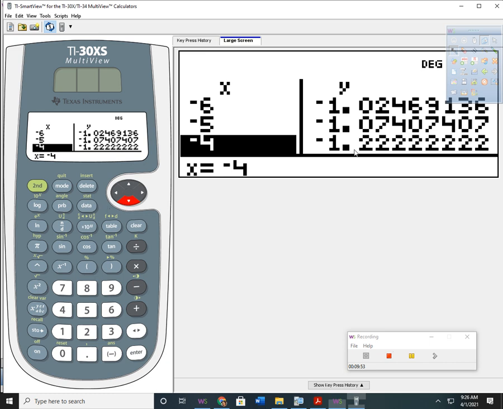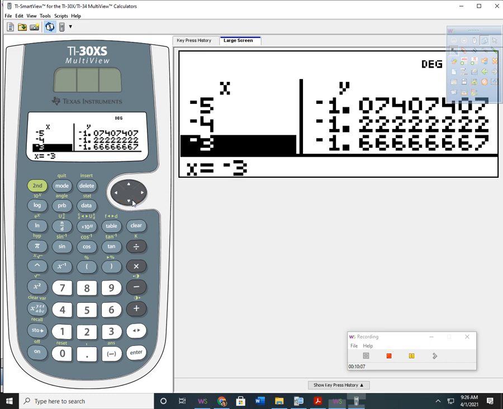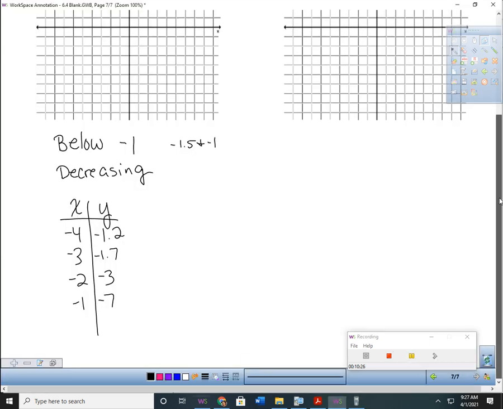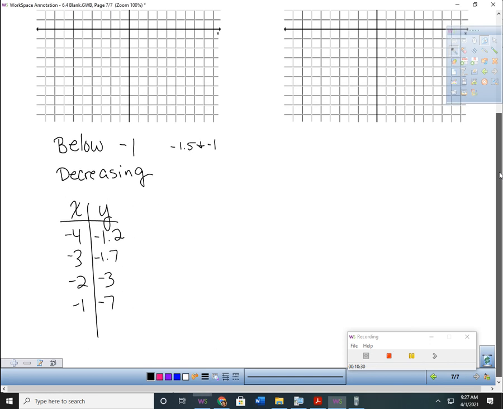And that is a lot easier to look at your numbers. All right, so I'm getting closer and closer to negative 1. So if you look right here, this is negative 1.6, right? And this is negative 1.2. That's too far away from my negative 1, right? So I'm going to start with this negative 4, negative 1.2, and then I'm going to go ahead and fill in as far as I can go.